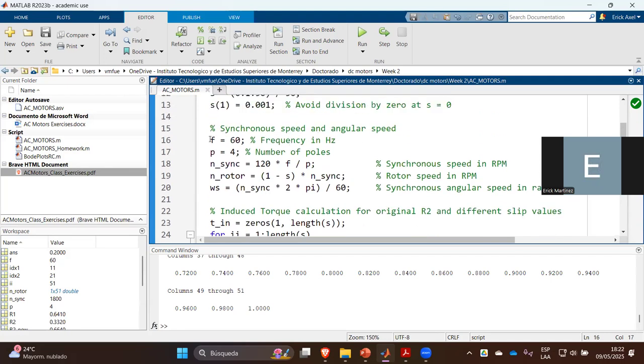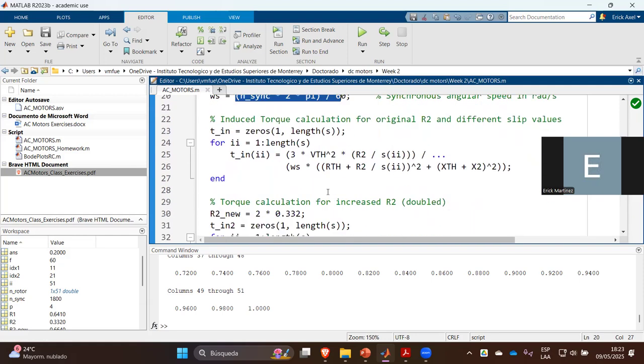In this section, I am writing the value of the frequency of the motor. Here I am writing the number of poles. With this data, I am computing the synchronous speed and the rotor speed, and also the synchronous speed in radians per second.